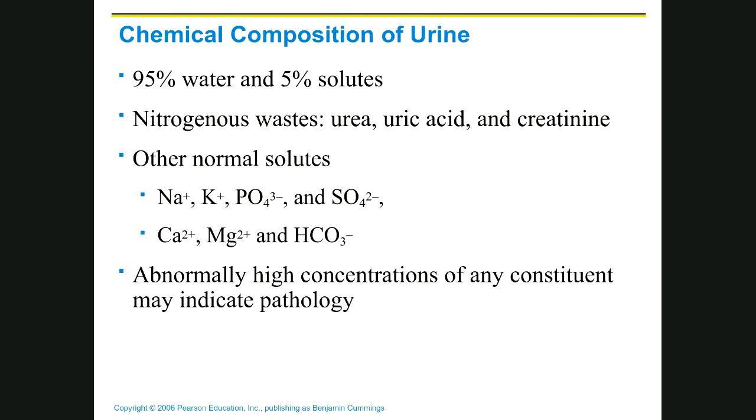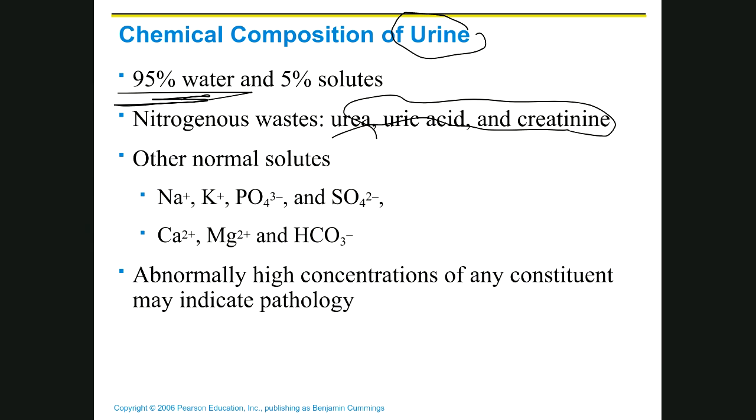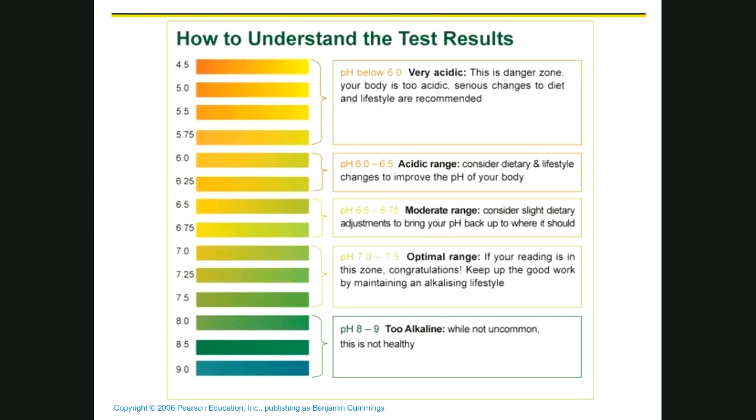And then if you look at what's in urine, it's mostly water. But there's a lot of other stuff in urine too. There are waste products, there's solutes, there's all kinds of things in it. And so if you go and you have a pH test on your urine, you can see what that tells you a little bit also.